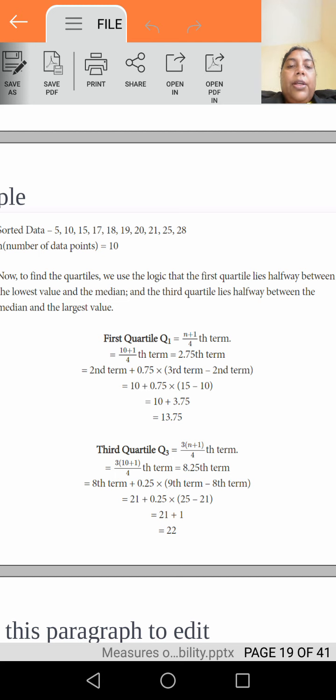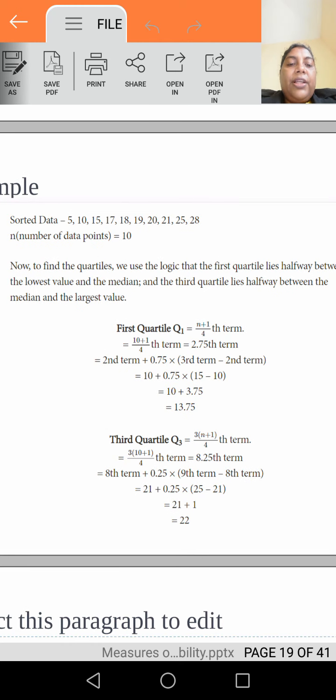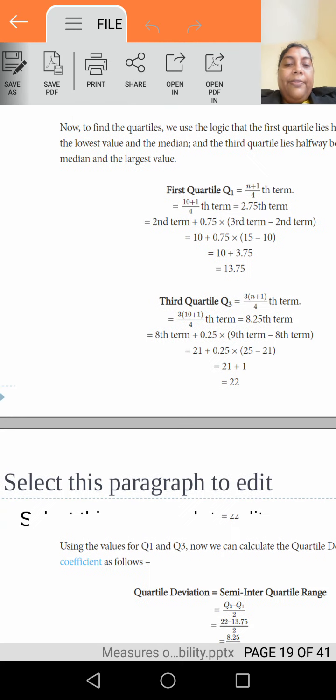So 8th term plus 0.25 into (9th term minus 8th term) is the formula. The 8th term is 21. So 21 plus 0.25 into (25 minus 21), we get 21 plus 1, 22. Then 22 minus 13.75, that way we identify the values.